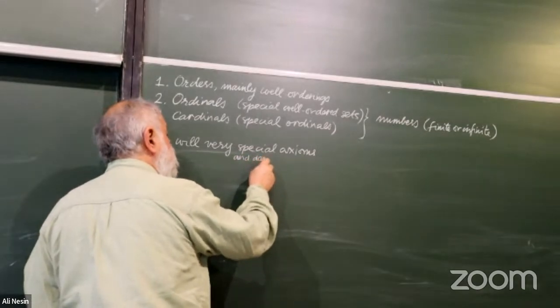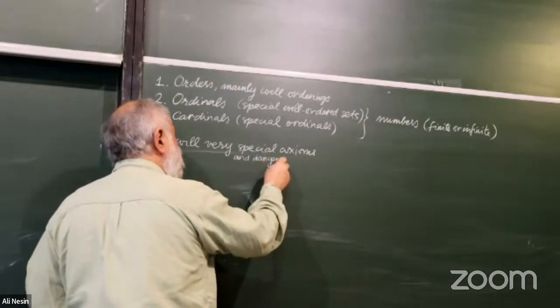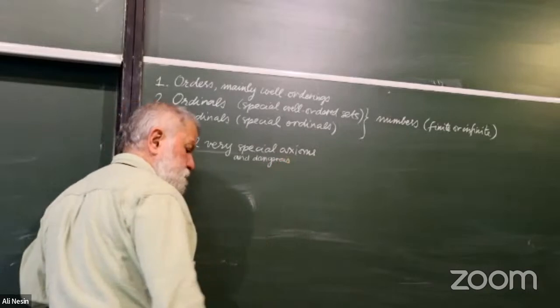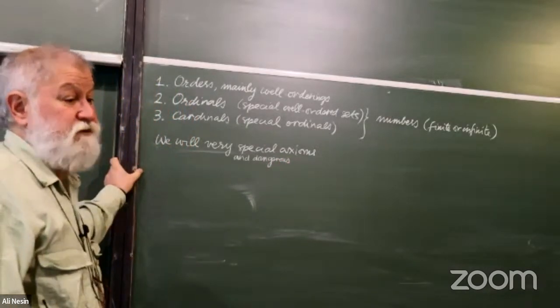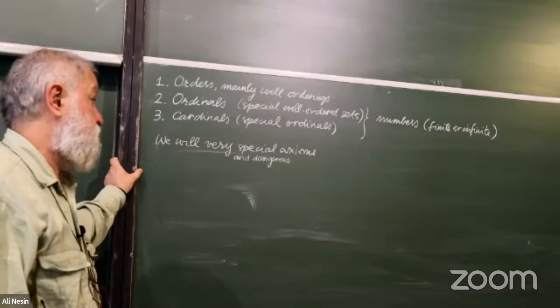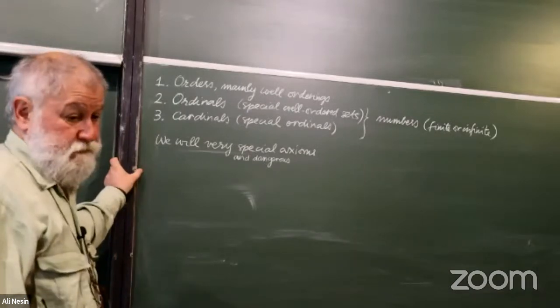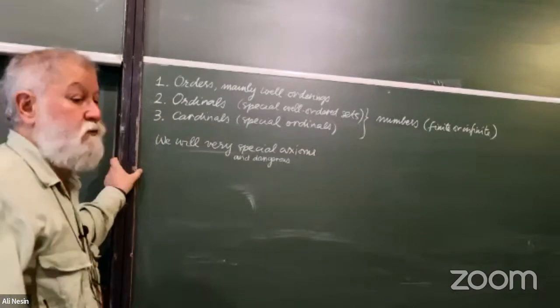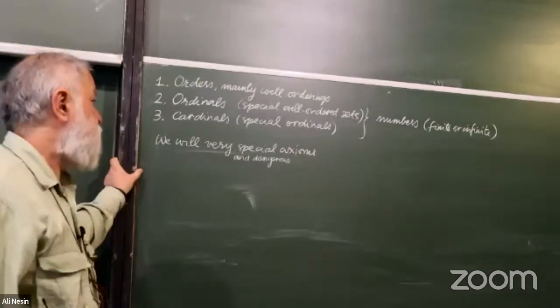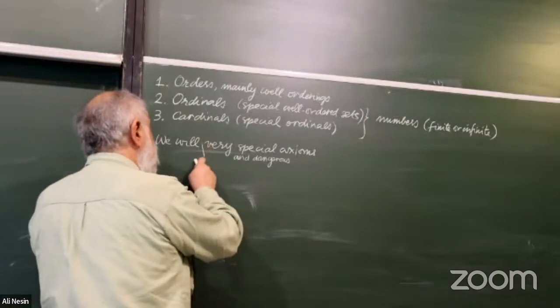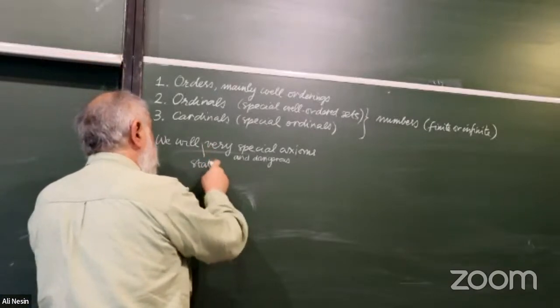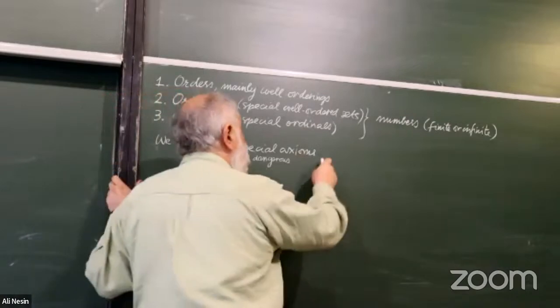What do I mean by dangerous? I mean that it is well possible that from these axioms, a contradiction in math arises. It's very possible. Unlikely, very unlikely to my belief, but it's possible. We will state very special axioms like axiom of replacement.